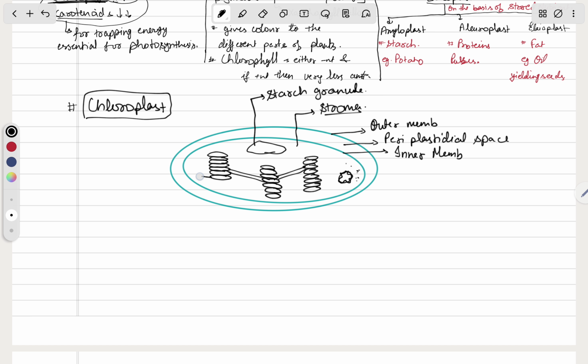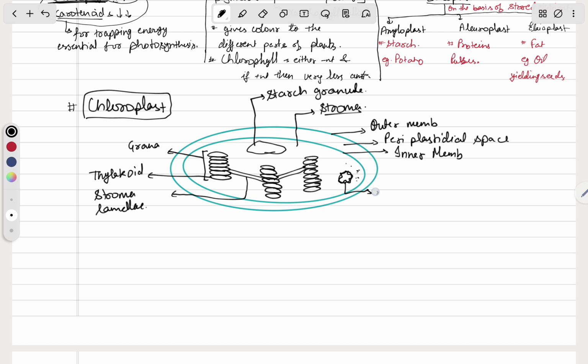This single coin-like structure is a thylakoid, and the pile of thylakoids is grana. Two grana are connected through stroma lamellae, right?